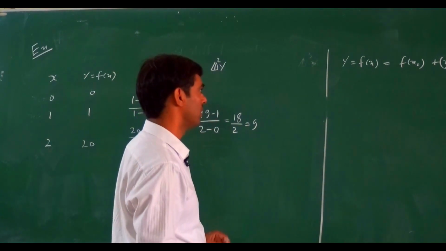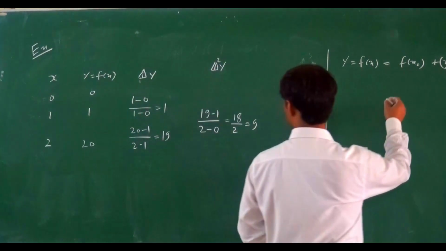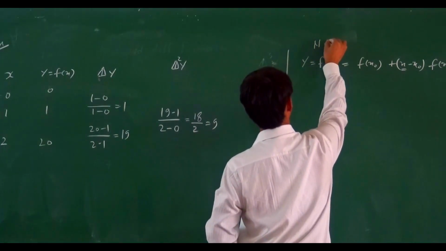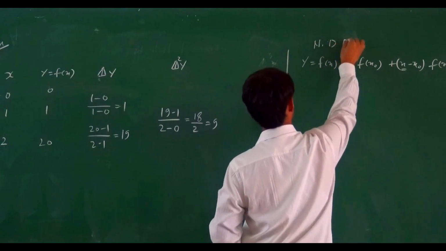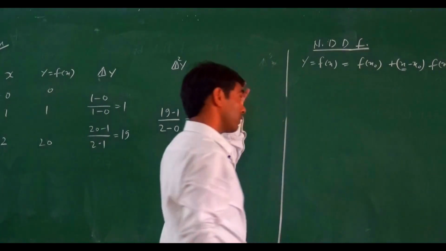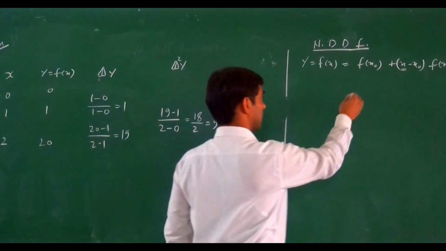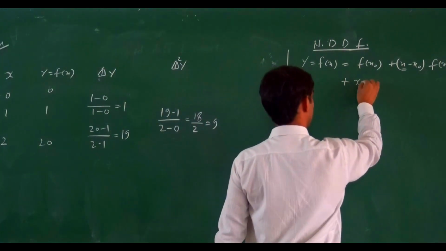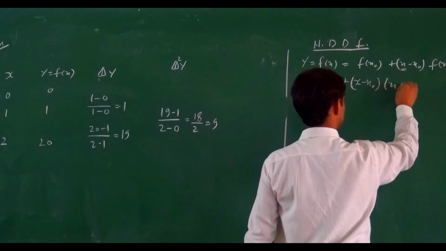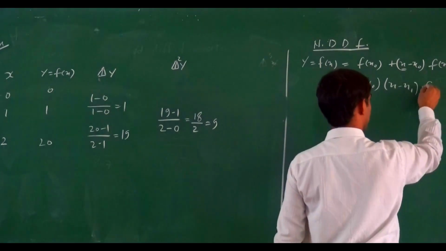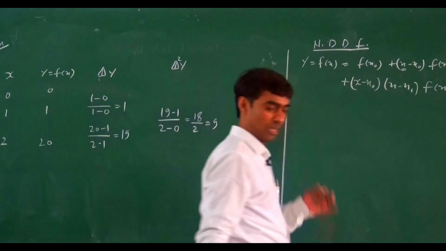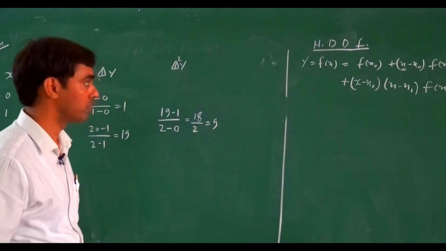So here there is a need to write down the Newton divided difference formula up to second order. What is the third term? x minus x0, x minus x1, f of x0, x1, x2.